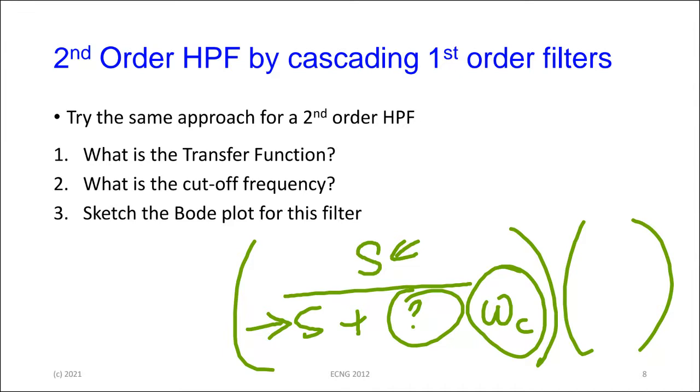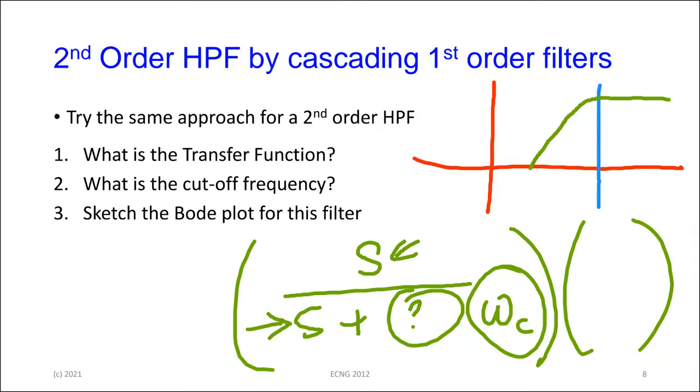And what is the Bode plot or the frequency response for this filter? Well, exactly what we did for the low pass. You have the cutoff frequency at some point here. So this particular response is going to look like that. All right, and what is the slope here? That slope is going to be what?